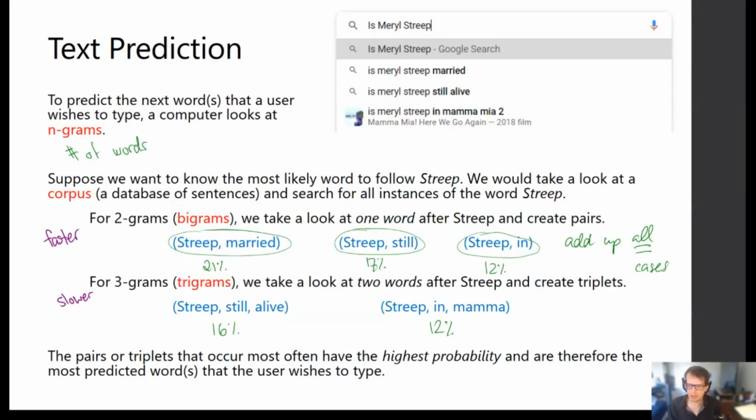With 2 grams, you're basically just looking at one other word after, and you're going through all of those. With 3 grams, you're looking at 2 words after, so you're checking more things. So if you want a check that's really quick, you might use 2 grams. If you want something that's really slow, you use 3 grams.